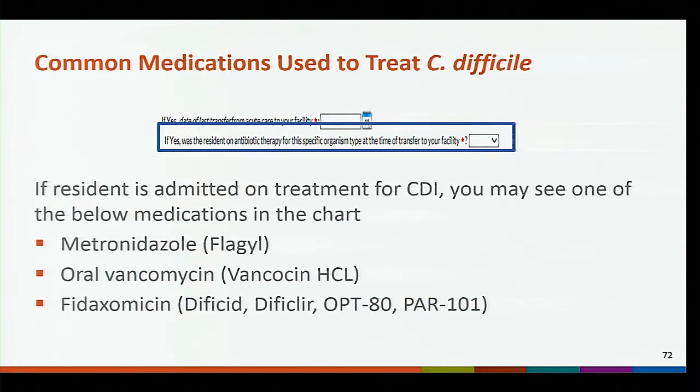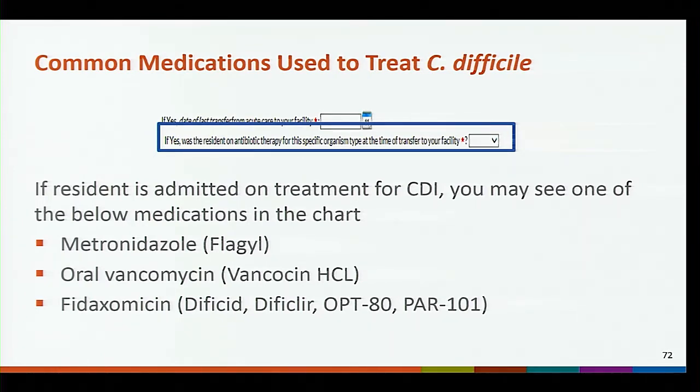We often get asked, how am I supposed to know if the resident is on C. difficile treatment? So here are 3 of the most common antibiotics that are used to treat C. difficile. I find it ironic that the standard treatment for C. difficile is another antibiotic, but wanted to share these with you so that you will have them.